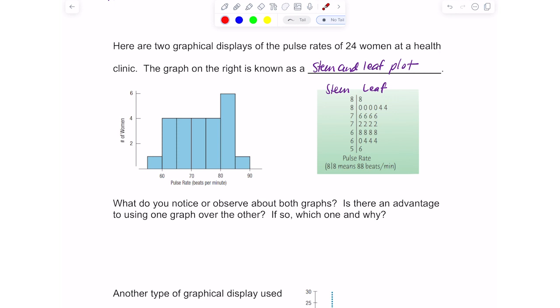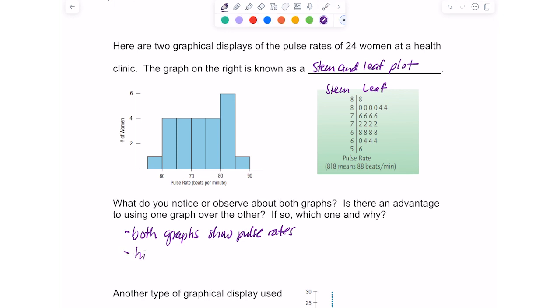I notice that both of these graphs show the pulse rates. However, if you notice, the stem plots actually show the data values, whereas that's missing in the histogram. Histograms provide an easy to understand summary. They're pretty easy to make. Stem plots can become very tedious if you have a large set of data, but we can see the data values there.